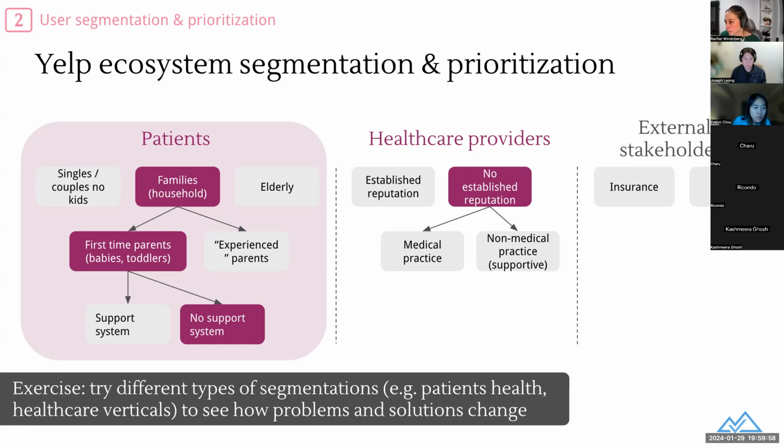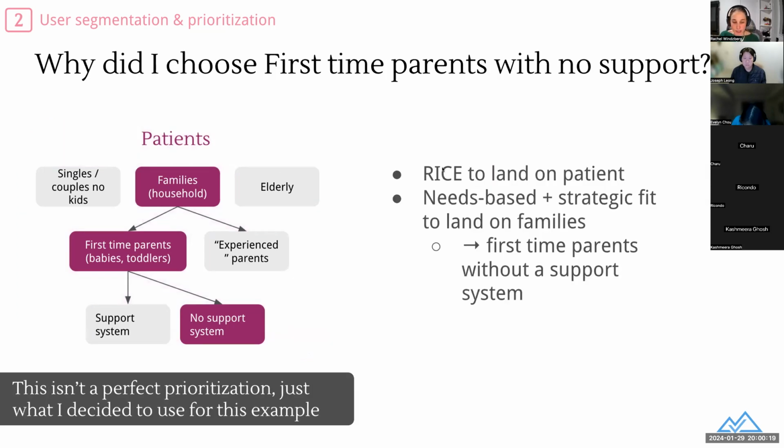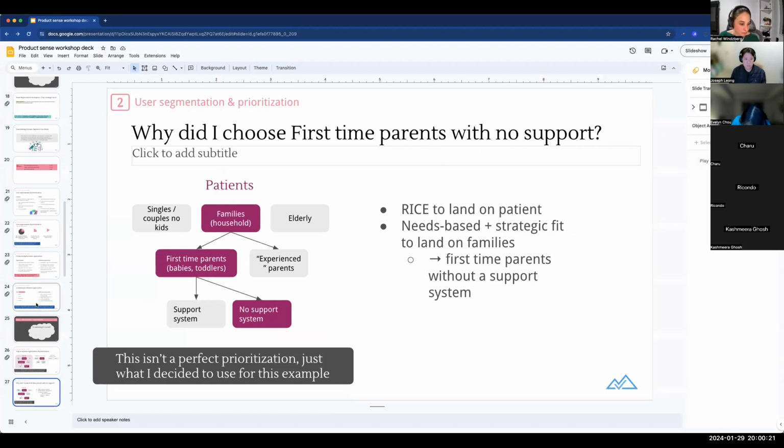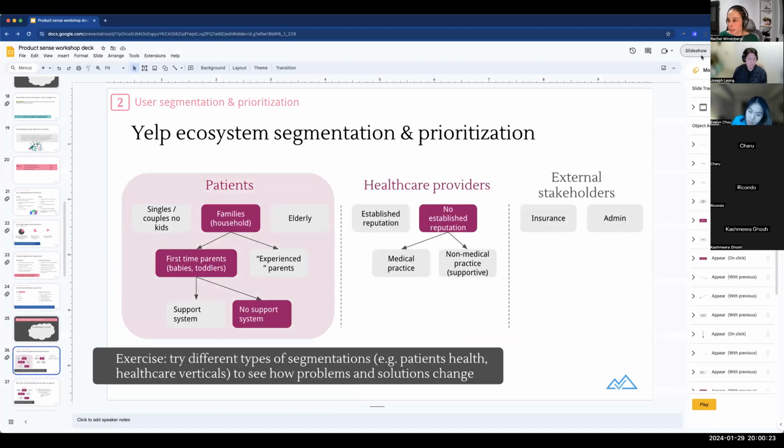So then let's think about healthcare providers. Reach, it's a smaller audience, right? Impact, I'm not sure that they're that motivated to join. Maybe they have ZocDoc, maybe they have the insurance directories. I'm not sure. I can drive a lot of impact for them, especially the ones that haven't established their reputations yet, right?